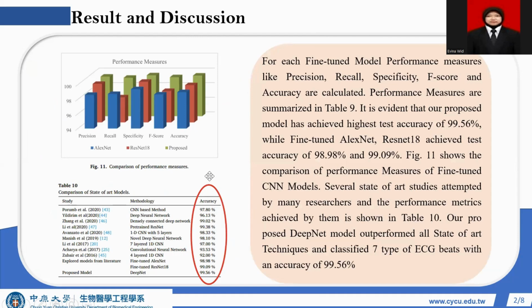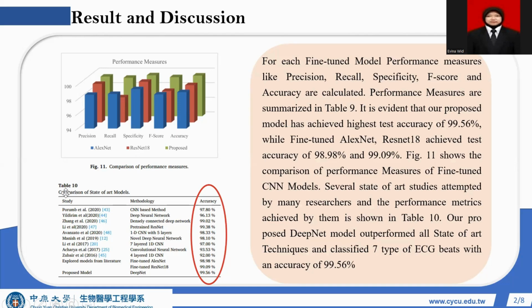And this is the average. We can see that our proposed DeepNet in green color is higher than ResNet in red and AlexNet in blue.